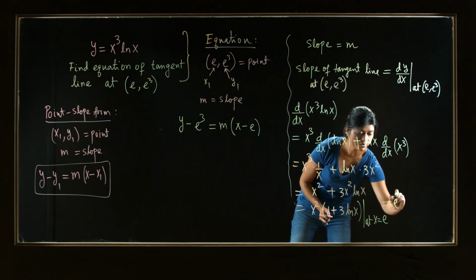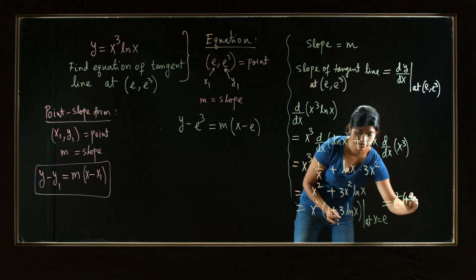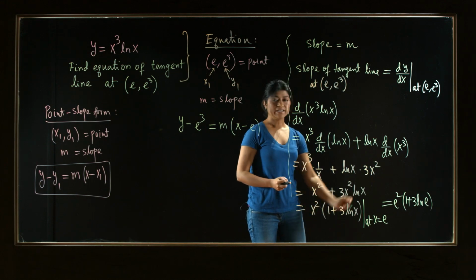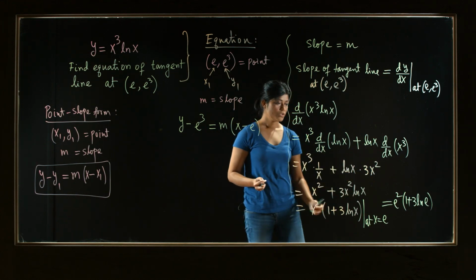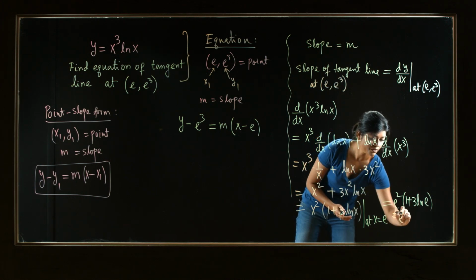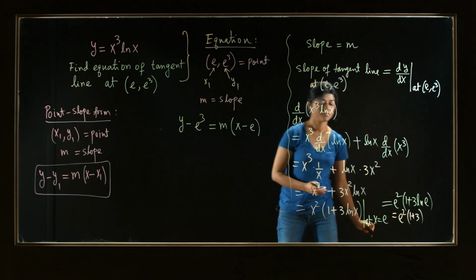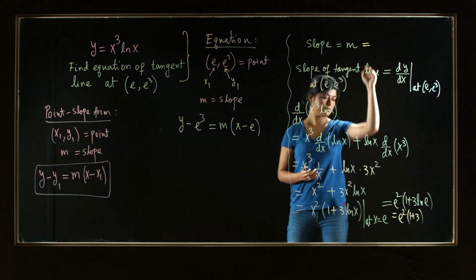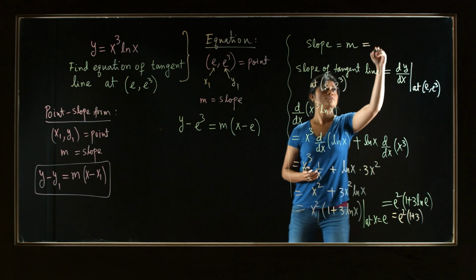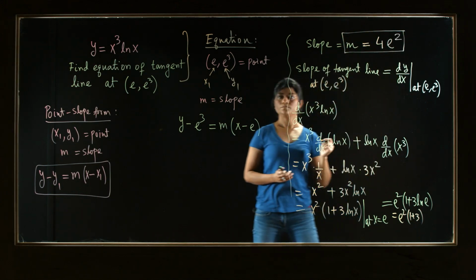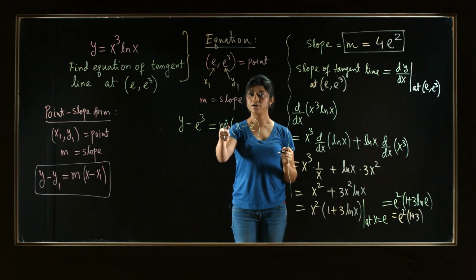So it will be e squared times 1 plus 3 natural log of e. But natural log of e is 1. So this is e squared times 1 plus 3. So our slope is 3 plus 1 is 4, 4e squared. So we got our m.